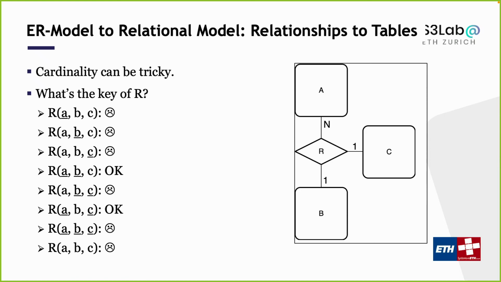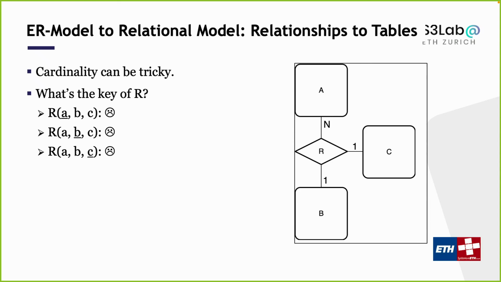Makes sense, right? Any questions about cardinality and its impact on the translation? You mean for the first one, right? So assuming you have this first one, given a unique value of A, it can only appear once in that relation.